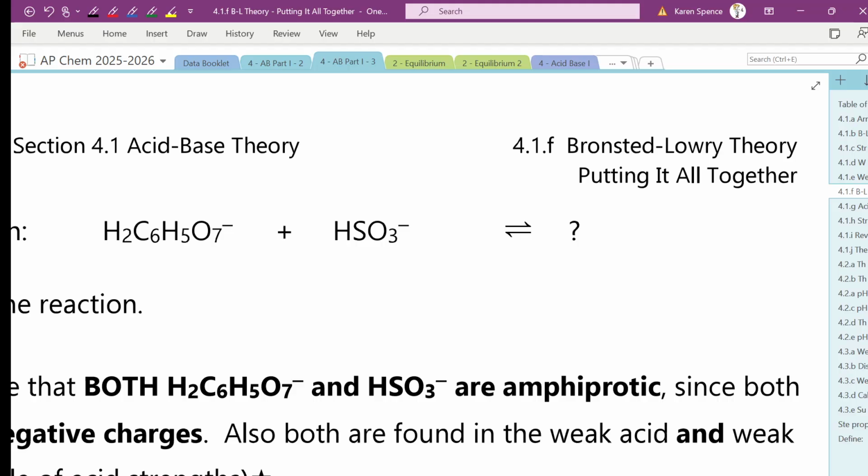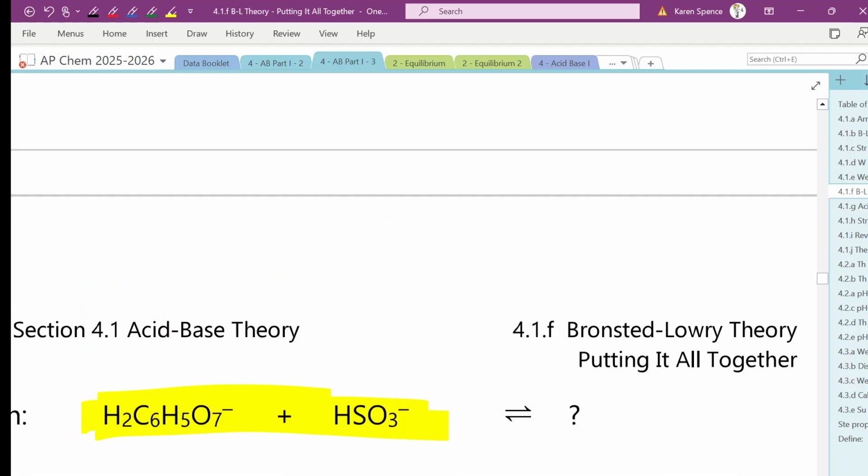What is special about these 2 reactants? They are both amphiprotic. They both have hydrogens.